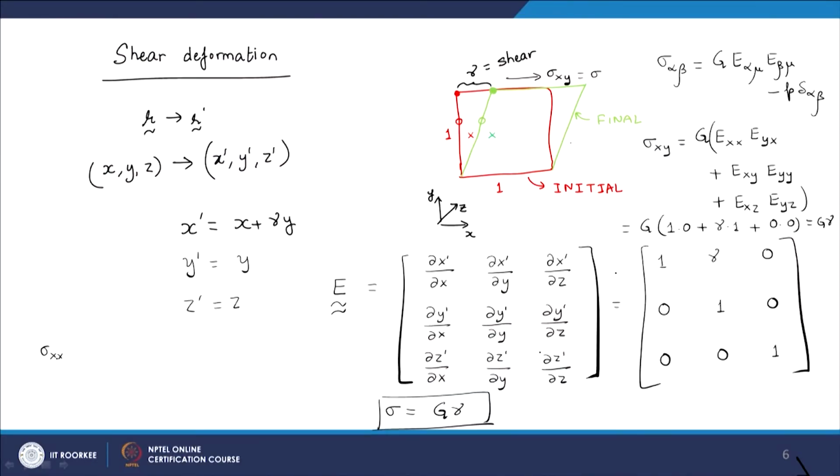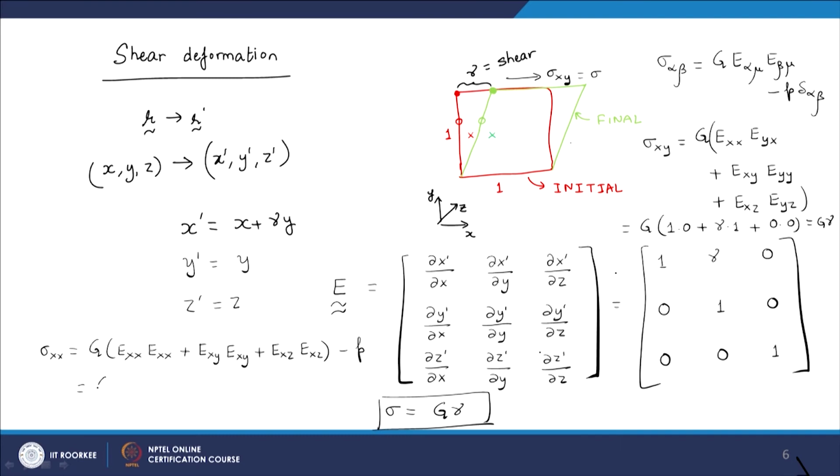So, let us say if I am doing sigma xx, that is going to be g of E xx E xx plus E xy E xy plus E xz E xz, and now the last term will remain because we have delta of xx there.